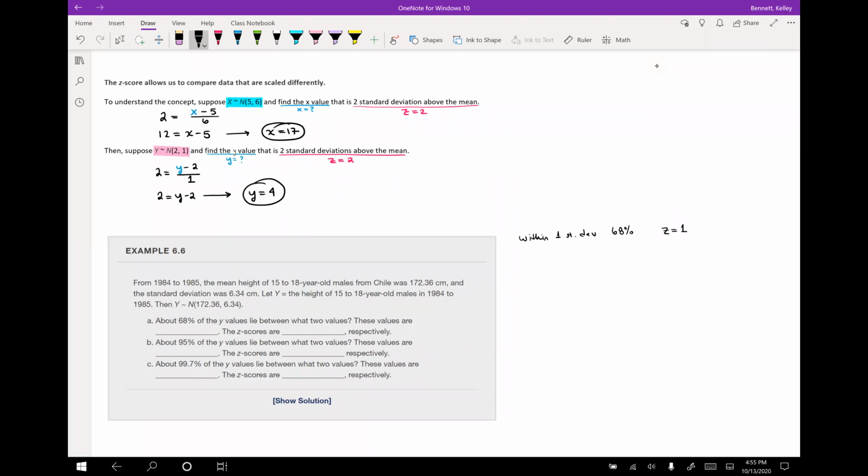So z equals 1. Okay, within 2 standard deviations, I'm going to get 95%. Well, if I'm standard normal, 2 standard deviations just means I'm at 2. And within 3 standard deviations, I'm at 99.7%. But in a standard normal, this is just 3. So this is the case where we're looking at normal 0, 1. And then this is just in general.